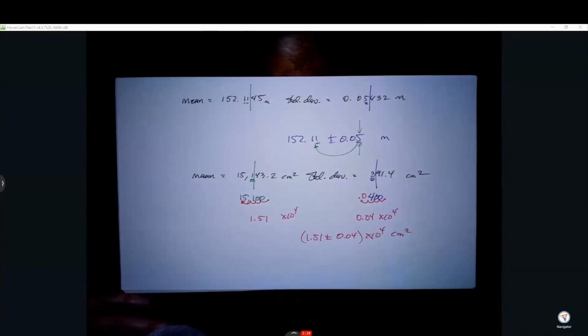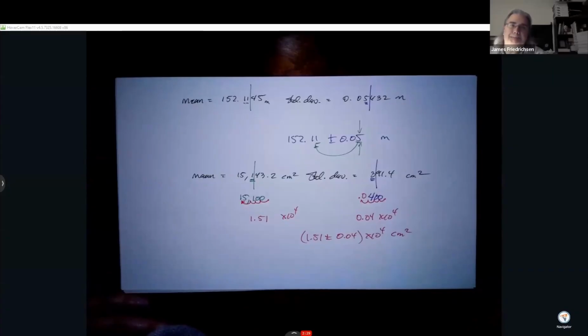I was wondering if the standard deviation could be larger than the mean. Yeah. Because I saw that there was a case. Yes. In that case, you need to consider, well, what if the value you were trying to measure should have been 0?